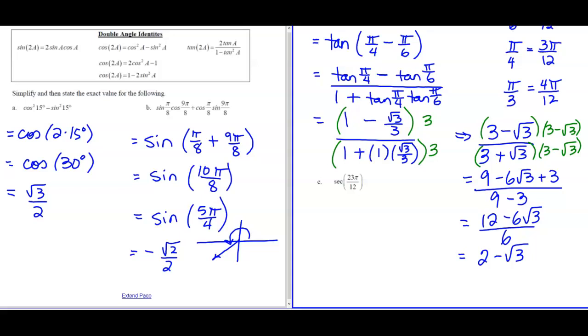You can check it if you want. Tan of pi over 12 in decimal form, 2 minus root 3. Decimal forms will be the same.